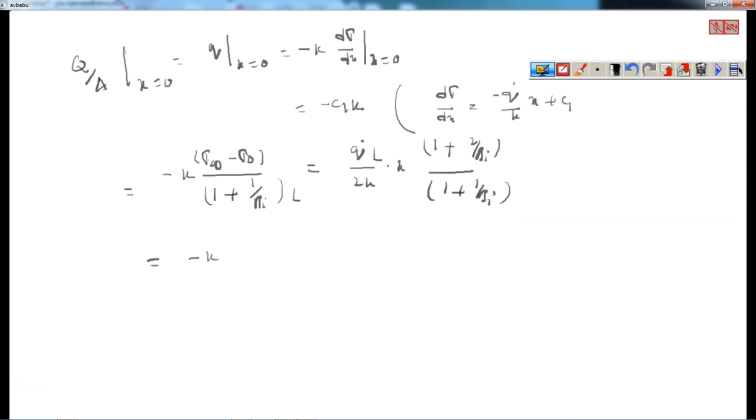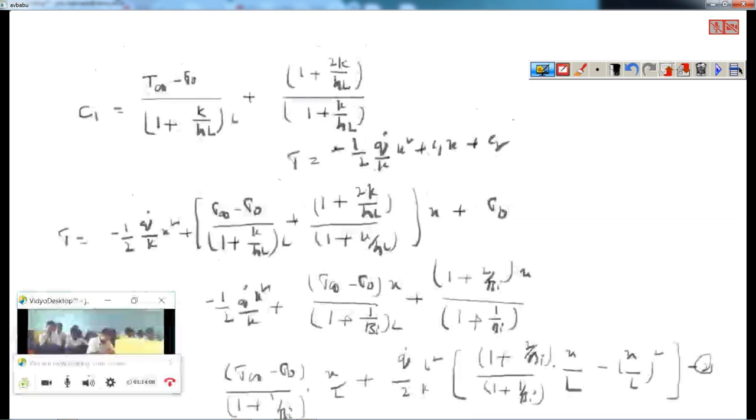minus k by L. I'll go back once again here. This is x is equals to 0. When x is equals to 0, this is the form I am trying to bring. Okay, T infinity minus T0, 1 plus Biot number, I'm trying to draw it in this fashion.